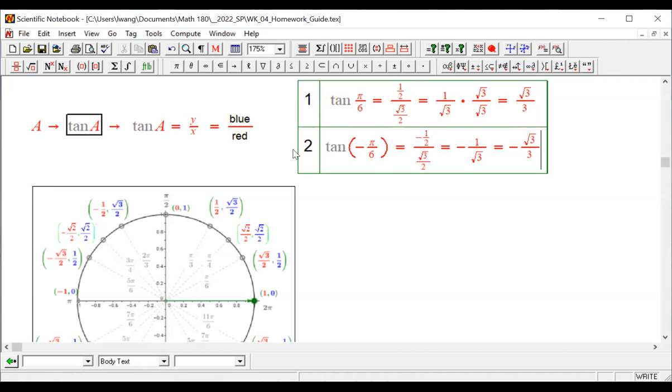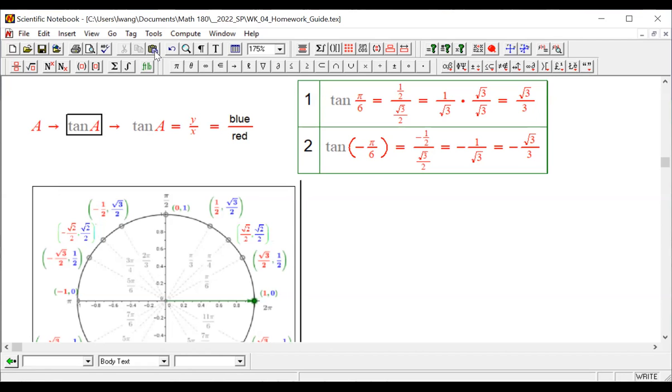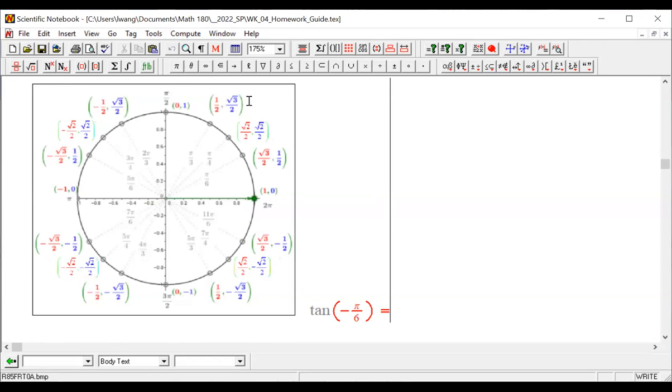So what do we see? When inputs are opposite, their respective outputs are opposite too. So tangent of negative pi over 6 equals negative tangent pi over 6.